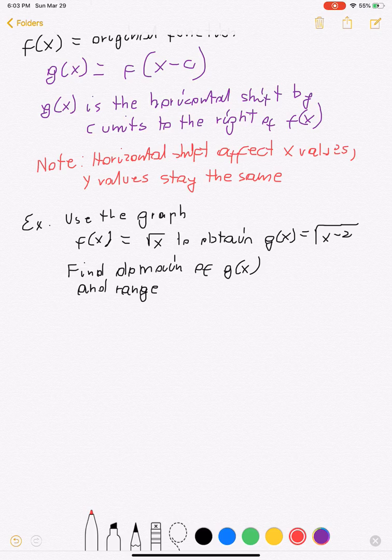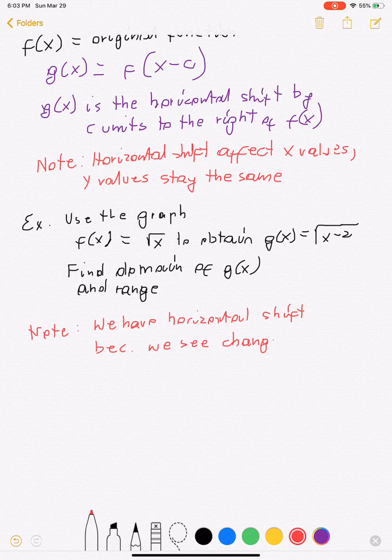So note, because you're going to notice that in a second, but I want to write it now: we have horizontal shift because we see changes involving x values. Okay.